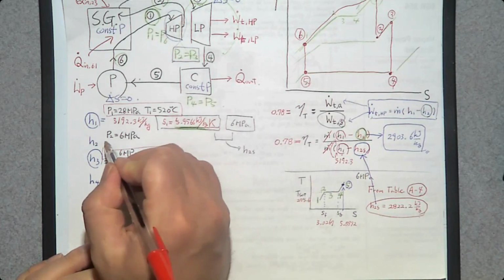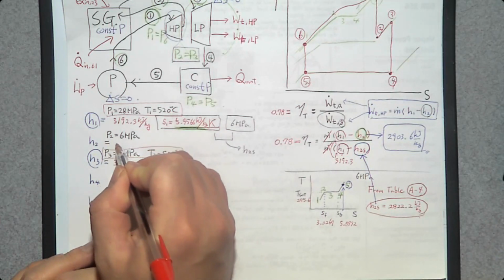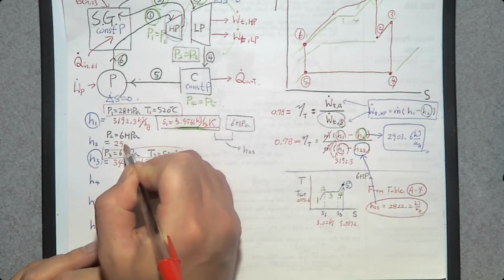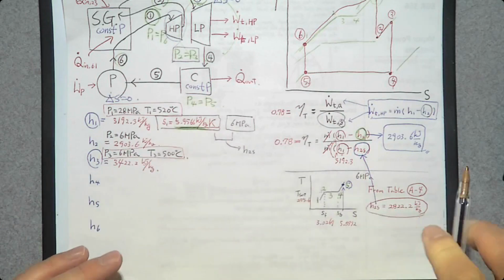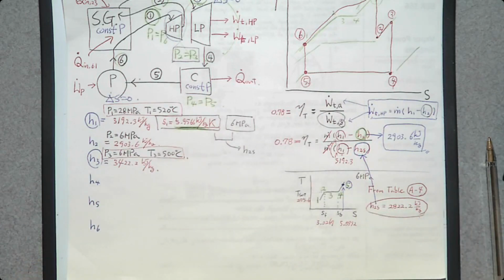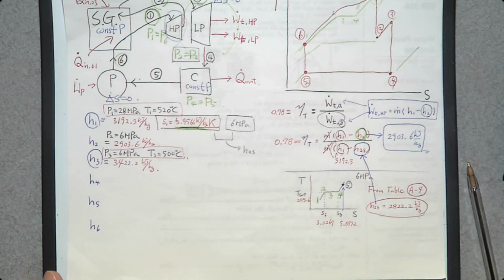So from here, we get this h2. It is 2903.6 kilojoule per kilogram. Just feel free to let me know if you have any questions, okay?